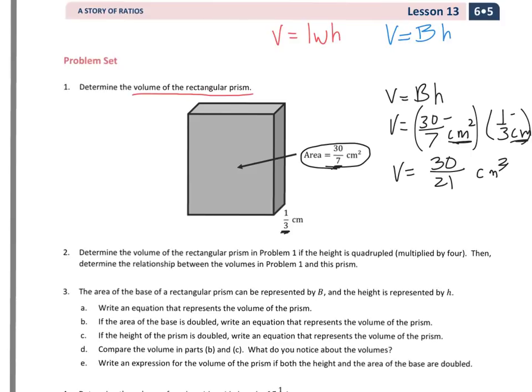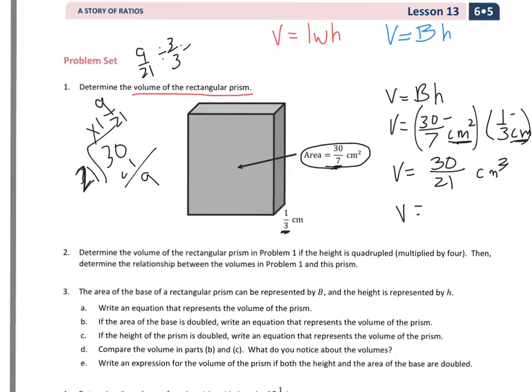And I can then reduce or simplify this down. And there's a couple ways I can do it. I can turn it back to a mixed number. I can do a reduced fraction. So I'm going to put it back into mixed number form by doing 30 and dividing it with 21. And I get 1 and 9/21, and I know that I can take 9/21 and divide it by 3 over 3, because that's a common factor.